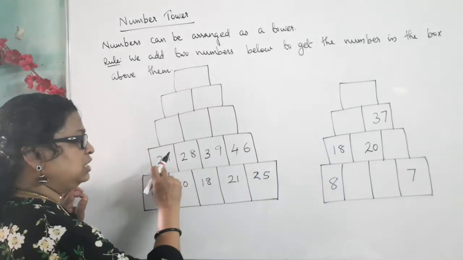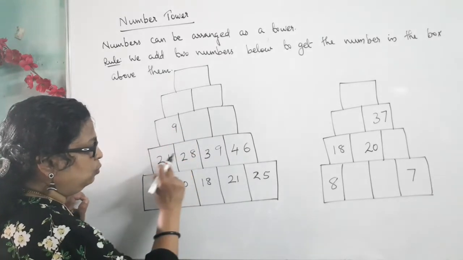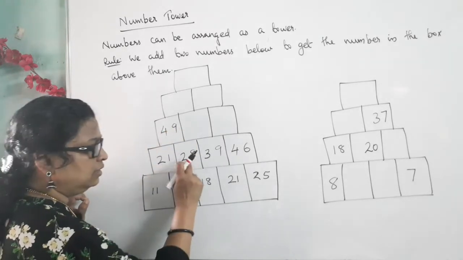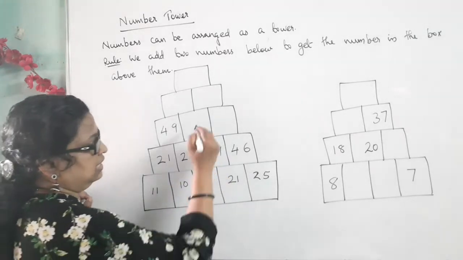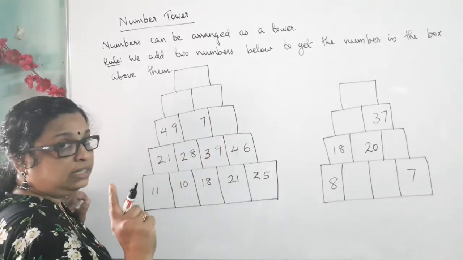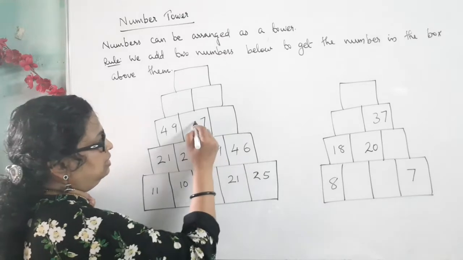Then again these two columns we add, 8 plus 1, 9, then 2 plus 2, 4. Then these two, 8 plus 9, what do you get? 17, 7 here, then 1 the carry, then 3 plus 2, 5 plus 1, 6.